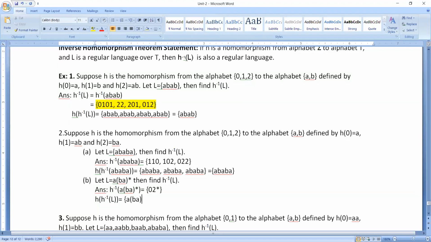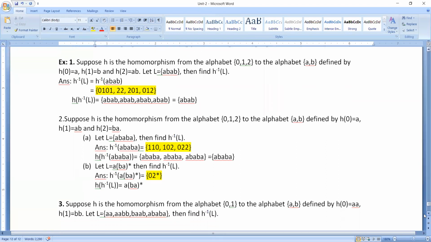Again we got our required language. Okay, so like this we find the inverse homomorphism value. This is the inverse homomorphic value.